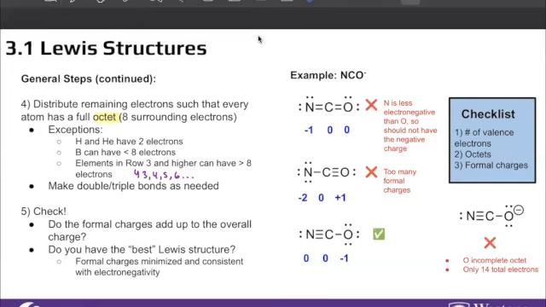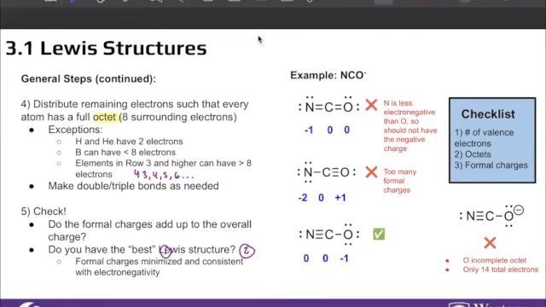So everything is good with this check, but then our second check is, do you have the best Lewis structure? And the best Lewis structure is the one where 1, our formal charges are minimized, and 2, they're consistent with electronegativity. And so I'll go through what each of those means.